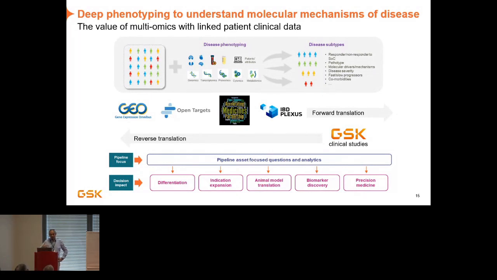What we're doing as well is using the GSK clinical studies by generating omics data, in that case trying to inform early research as well. That's what we call reverse translation. So a lot of genomics data is being generated, and we're trying to use it across the drug discovery pipeline, as you can see at the bottom of that slide.